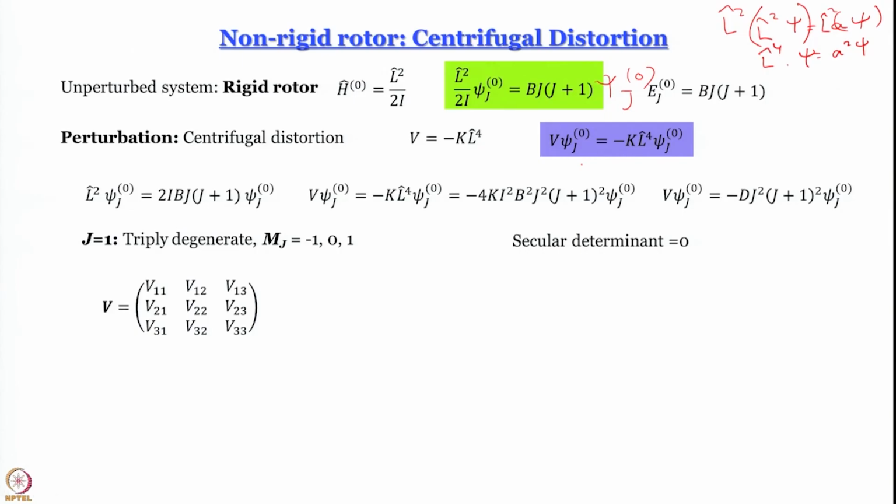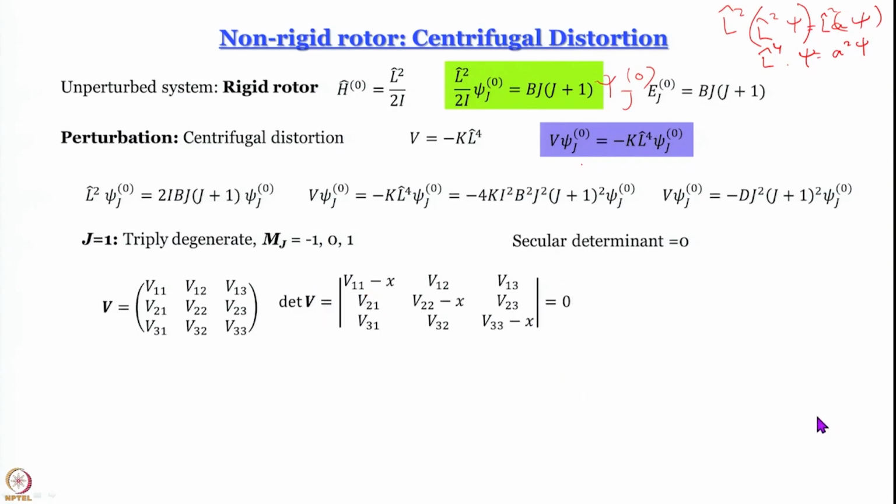This is something that is very well known, Cramer's rule. We are going to use it and maybe I will discuss a little more about that when we talk about variation theorem. So, secular determinant has to be equal to 0, that means the determinant corresponding to this matrix should be equal to 0. So, det V will be equal to 0, something like that, right, minus x.